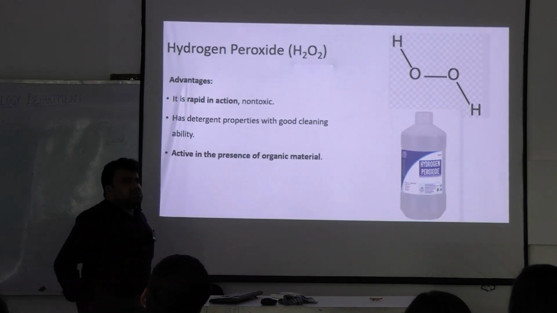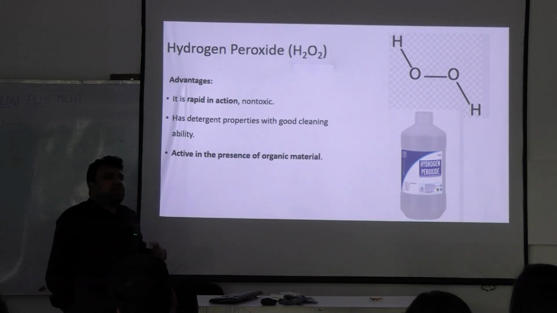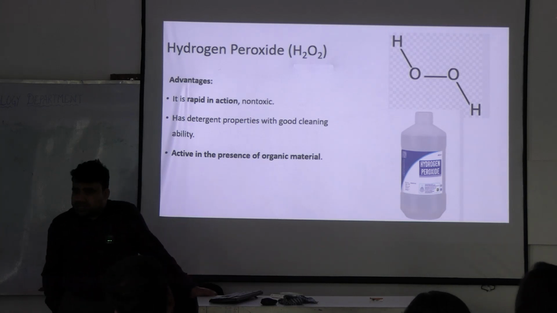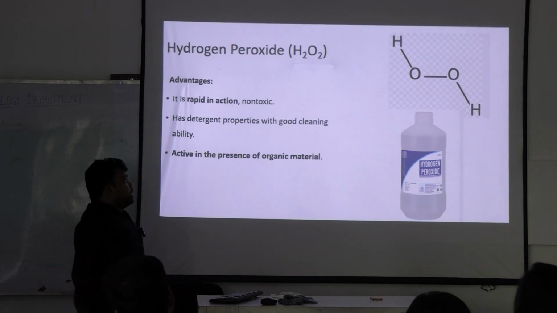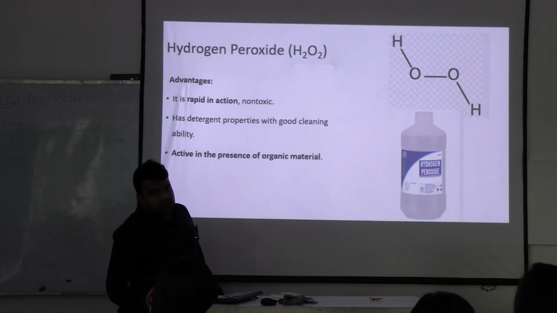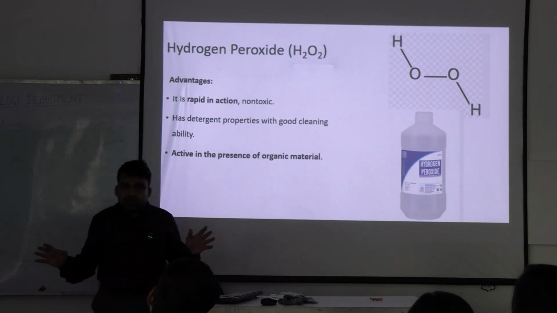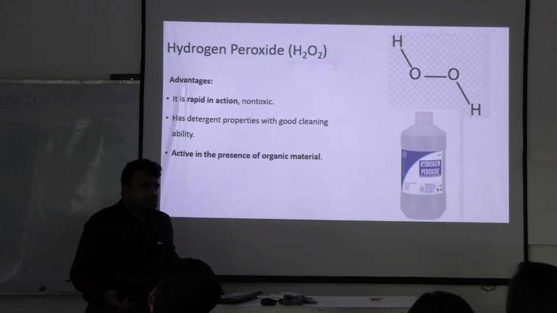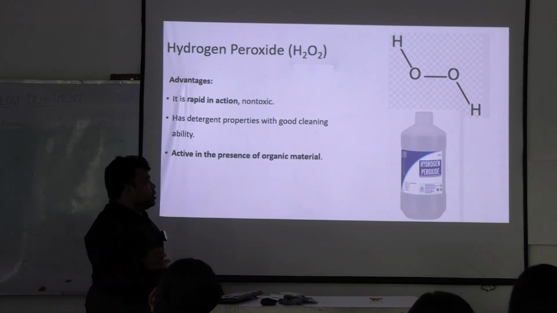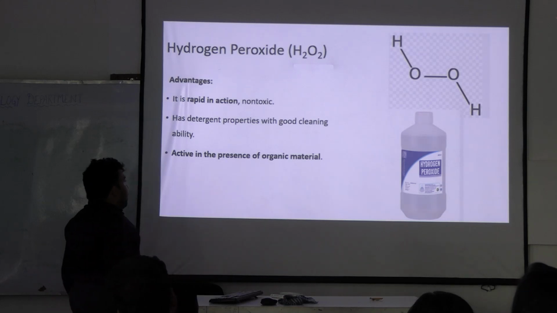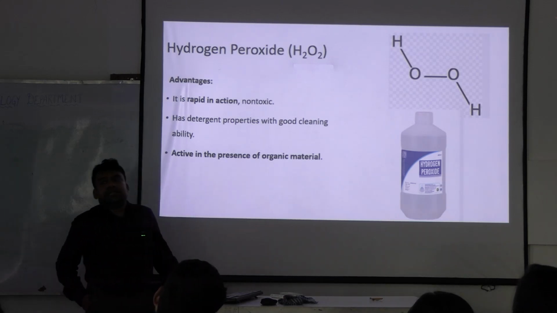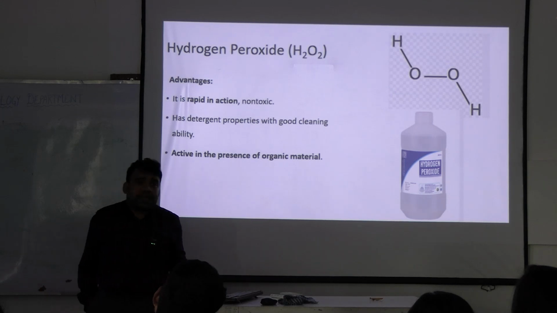Now what is the advantage? It is rapidly acting. Nascent oxygen is a free radical, it directly damages all viable cells. Furthermore, it is non-toxic. After the disinfection is over, you can easily use the room, area or surfaces. It will be non-toxic after the contact time is over. And a very important point is it is active even in presence of organic matter.